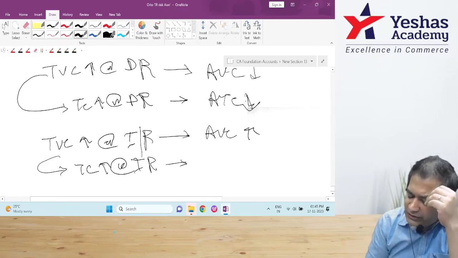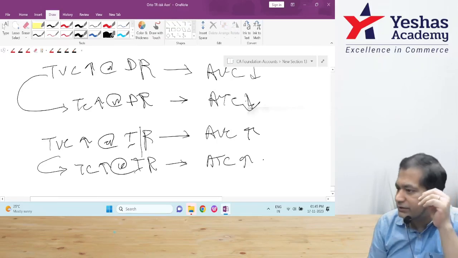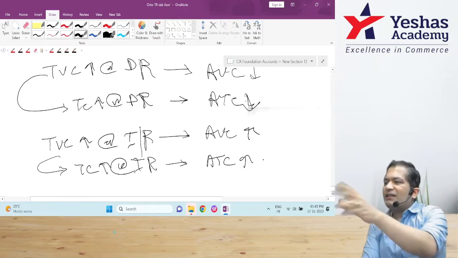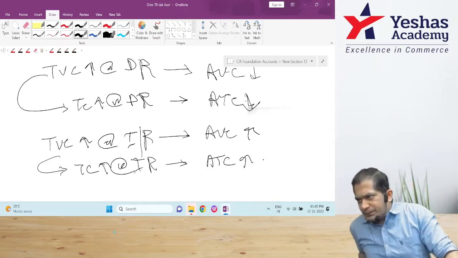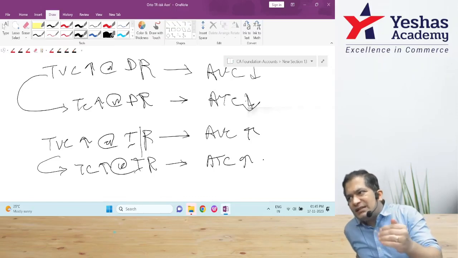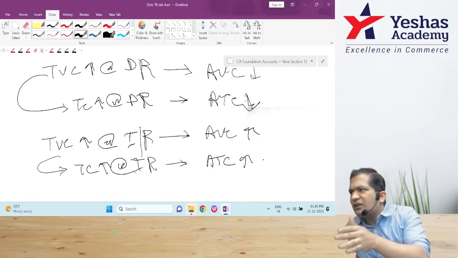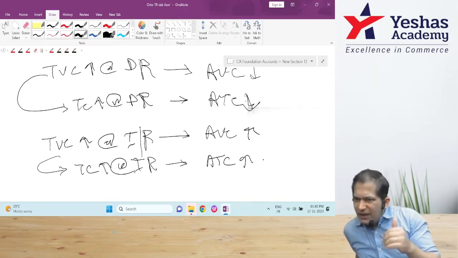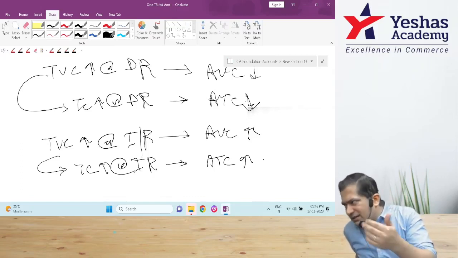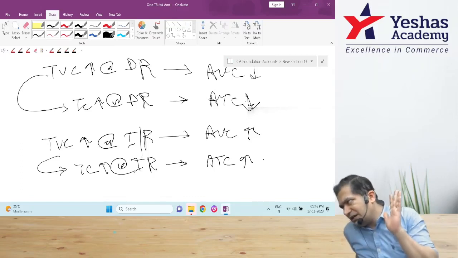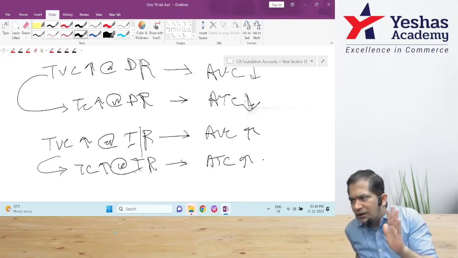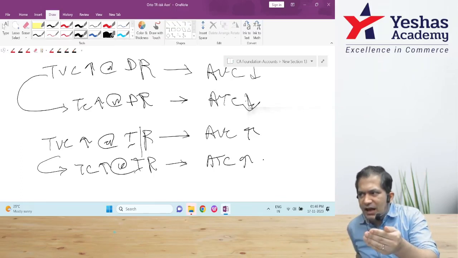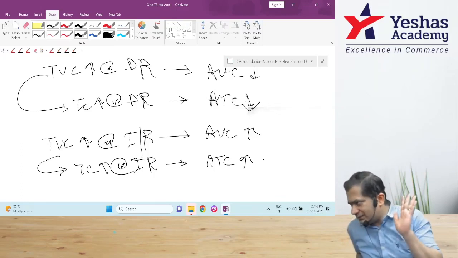And when total cost is increasing at an increasing rate, average total cost will also increase. So one thing is settled. Whether it's total variable cost or total cost, if any of them is increasing at a diminishing rate, then average will fall. And if any of them is increasing at an increasing rate, then average will increase. If it increases at a diminishing rate, average will fall. If it increases at an increasing rate, average will increase.